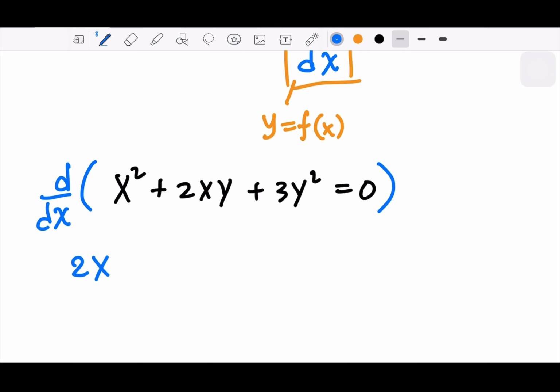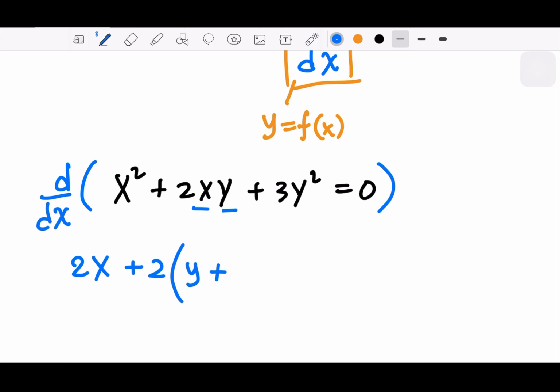And now if we have 2xy, it means that we have the product rule here. We have variable 1 and variable 2. So we can have 2, and then the x derivative becomes 1 multiplied by y, okay?